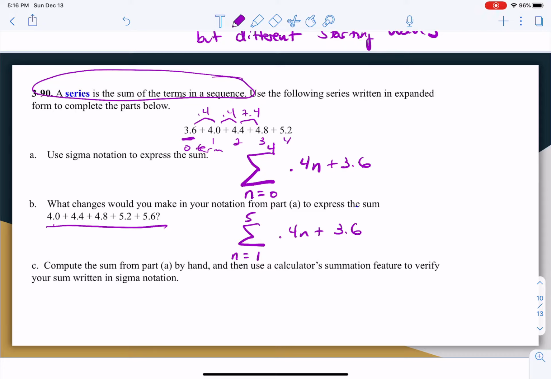So computing that sum on your calculator, you should get a value of 22. From part A.